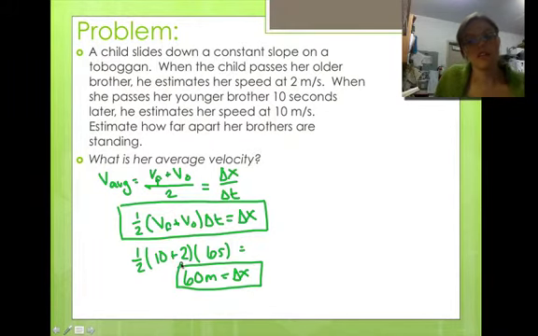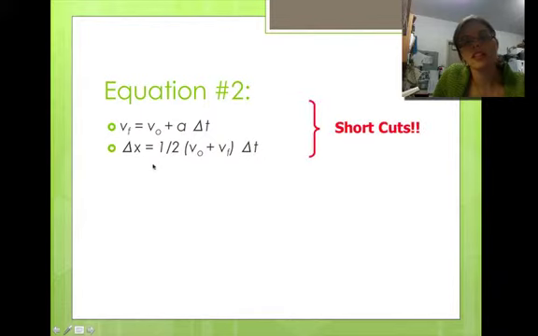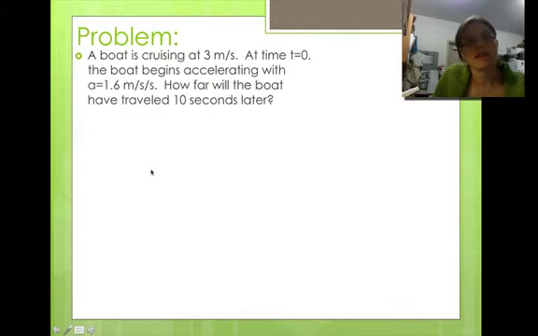Yay! Cool! So, we have our 2 kinematic equations, the first one and our second one that is from the average velocity. They're shortcuts.